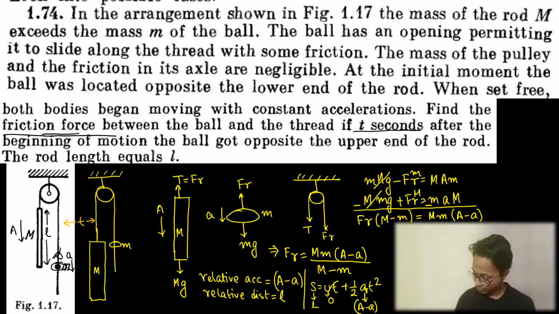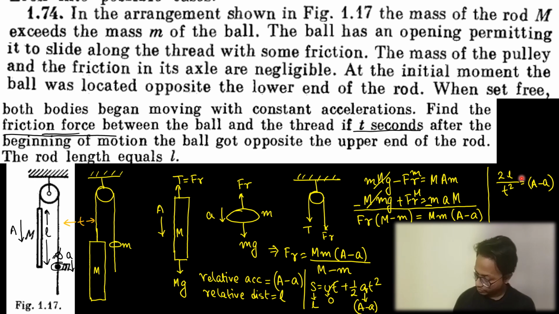Okay. So from this equation, I get 2L by (A minus a) is equal to t square. Sending the 2 to the left-hand side and t square below, 2L by t square is equal to capital A minus small a.